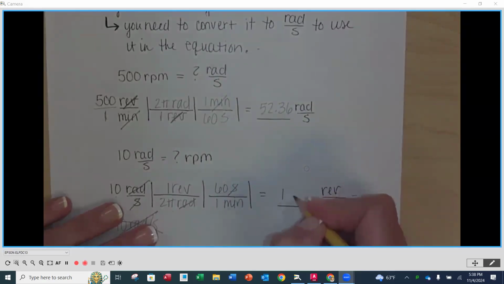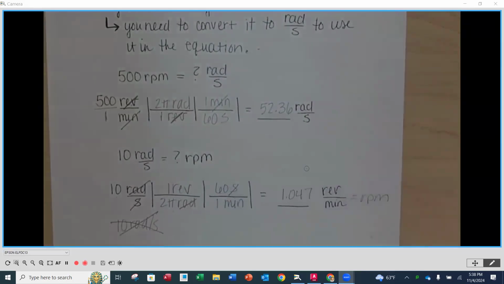what do we get for revolutions per minute? 1.047. Did anybody else get that? I don't have it in front of me, honestly. Can we confirm? Anybody else get that value? I hope you guys are following along. 10 times 60 divided by 2 divided by pi.